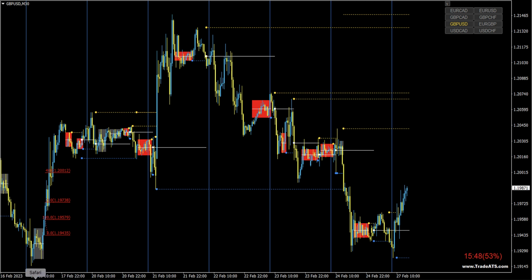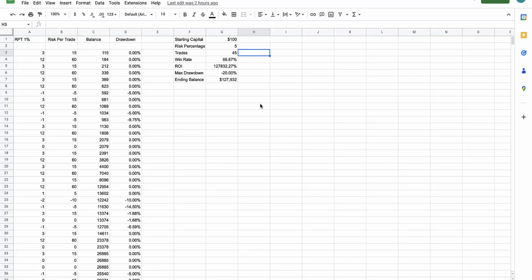So as you can see here, let's say, for example, you started with a $1,000 account, and we take 5% risk for every trade at the beginning, and then the next trade we would use the profits from the first trade if it's a winner, and then we will also add 5% to it.